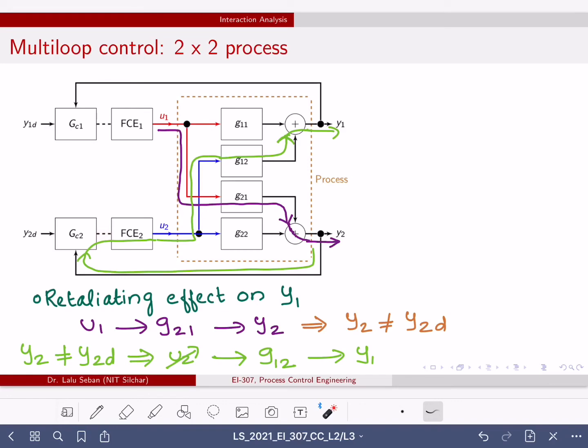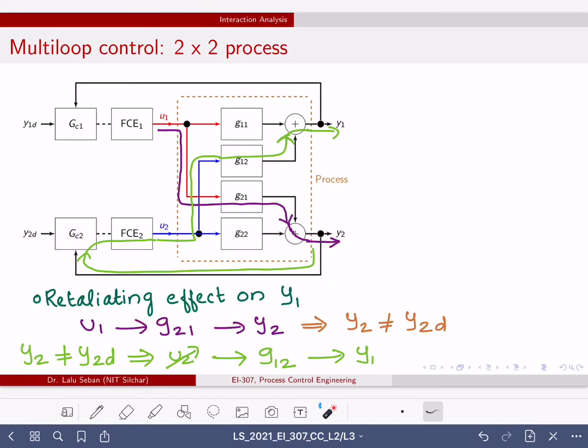Through the final control element, u2 will change. So when u2 changes, it will directly affect y2 again.